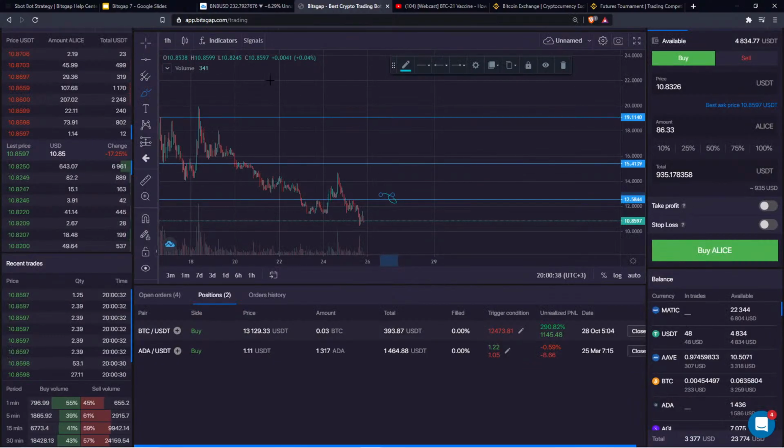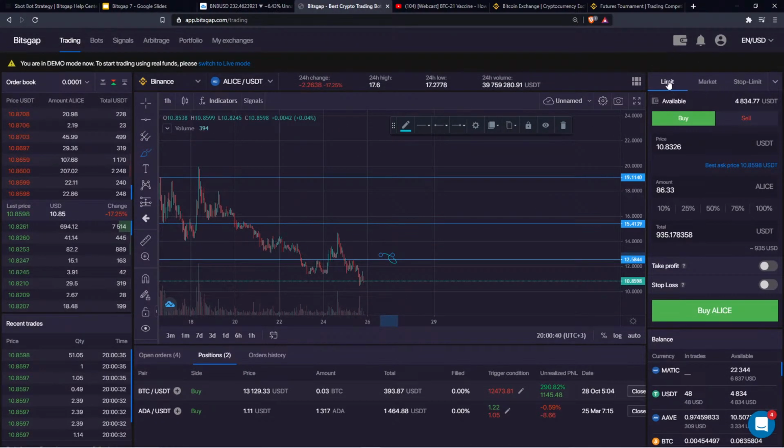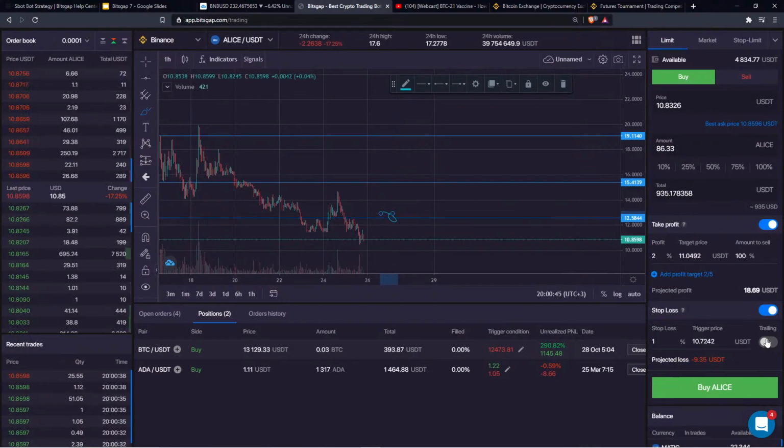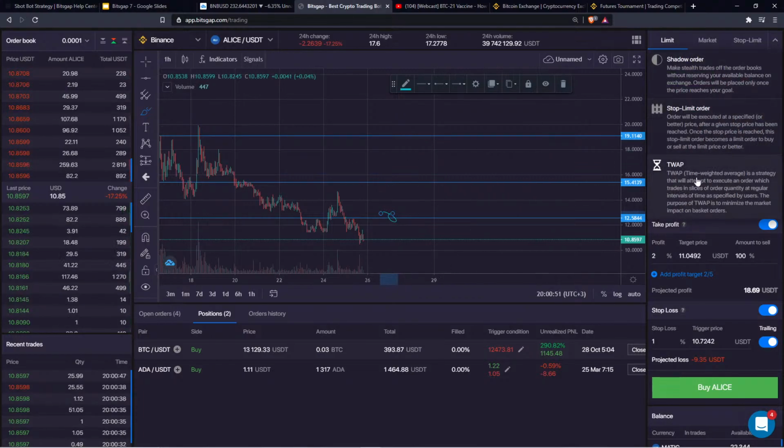For the smart trade, we have the ultimate limit configuration, where you have multiple take profits and stop loss, which can be with trading enabled. Okay. And other instruments like the TVAP and shadow order. This is something that I explain on other webcasts, but you can read about it here as well.